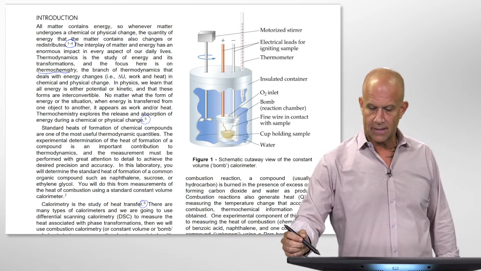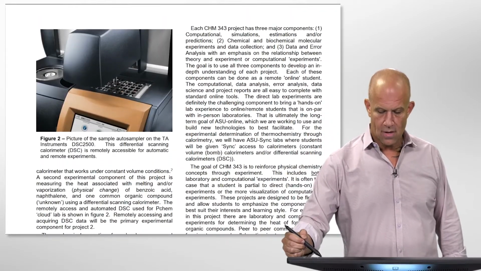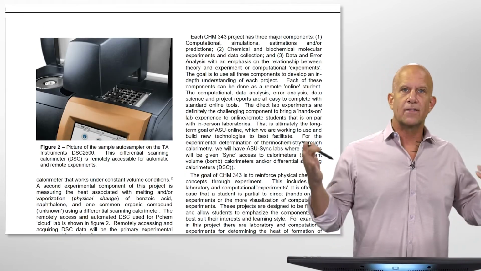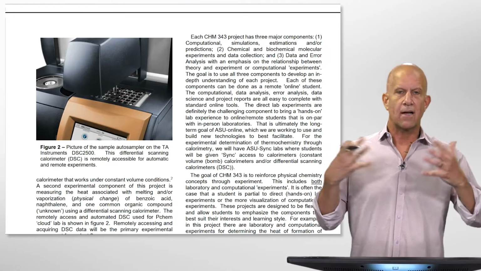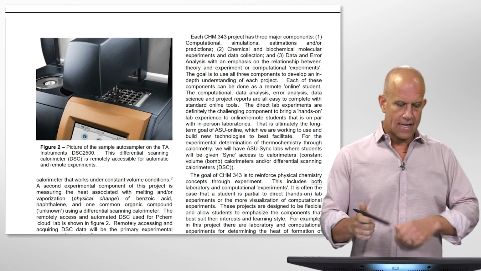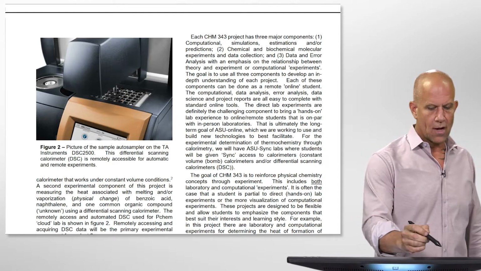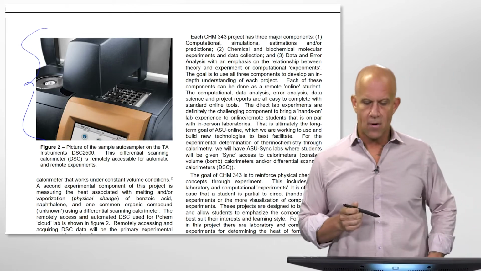And this is really just meant to summarize that. So I provide the figures show kind of some of the major experimental components. One is constant volume calorimetry. The other is differential scanning calorimeter. And I show the one that's available here at Arizona State University for remote access.